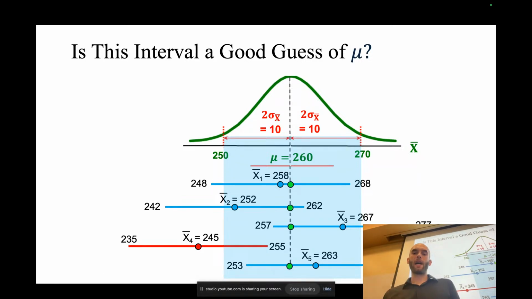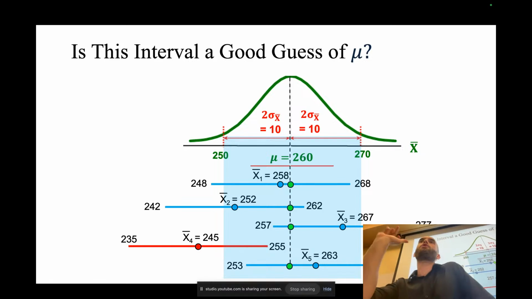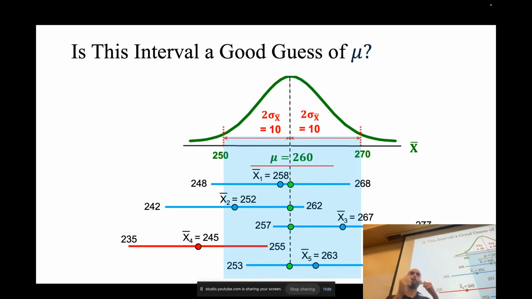And if we do this a bunch of times, it turns out that, and I'm going to justify this to you in a second, the mean, the truth, will be within each of these confidence intervals 95% of the time. So this is the trick that confidence intervals in hypothesis testing sort of play on us. They reverse the logic of the central limit theorem.